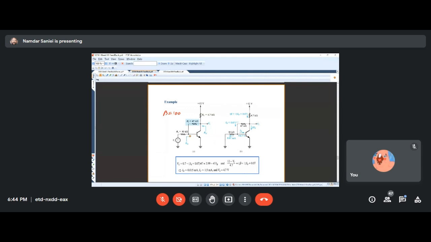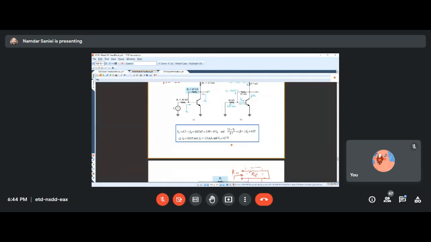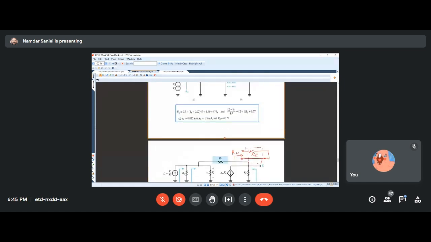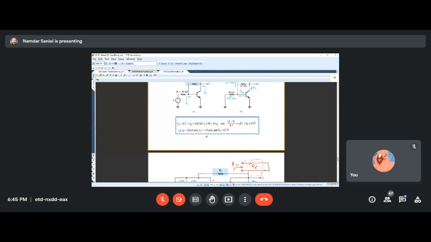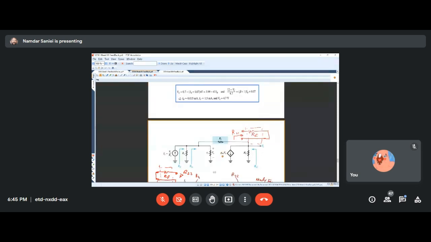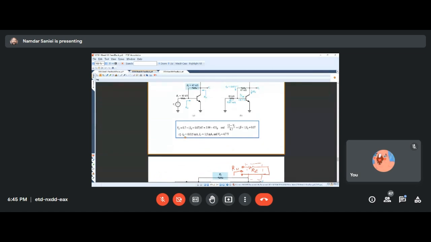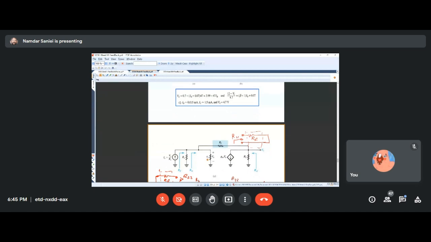It started from what we know, and that is the 0.7 volts here. So it gave us the current and the voltages on the entire circuit. Then we went to AC, okay? So you see this GM, you need IC to come up with the GM that is here. You see the RPi, you need the IB for that, to find the real value of RPi.